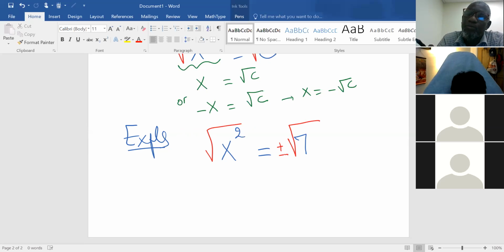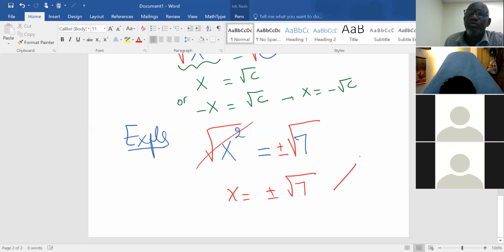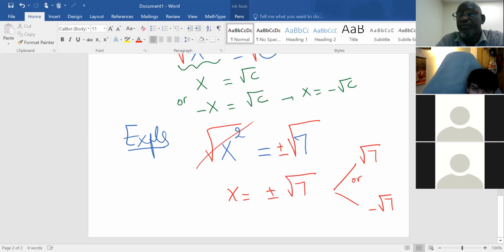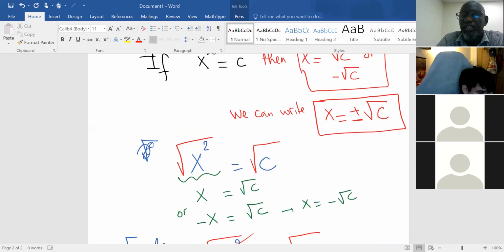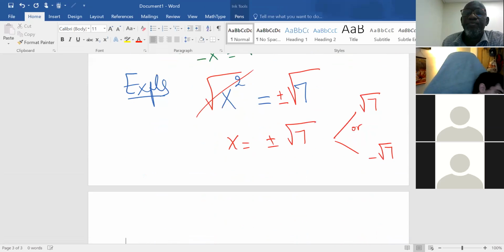If you don't put plus or minus, you are just giving me one solution and forgetting the other one. So we get x equal to plus or minus square root of 7, or you can write x equal to root of 7 or negative root of 7. So this is a particular type of equation that we solve this way.